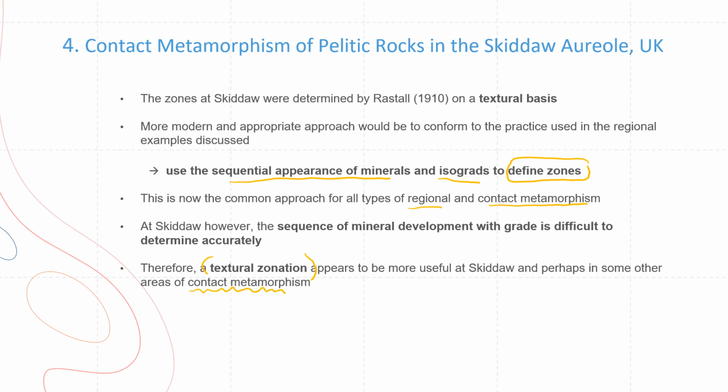So again, this emphasizes that while we do have defined zones and defined approaches to discuss the different types of zones in different metamorphic areas, it's important to focus on the observations that you find at a specific area and deduce how to best present that information. So in this case, the best way to talk about it would be as textural zonation instead of talking about the sequential appearance of minerals like in Barrovian sequences.